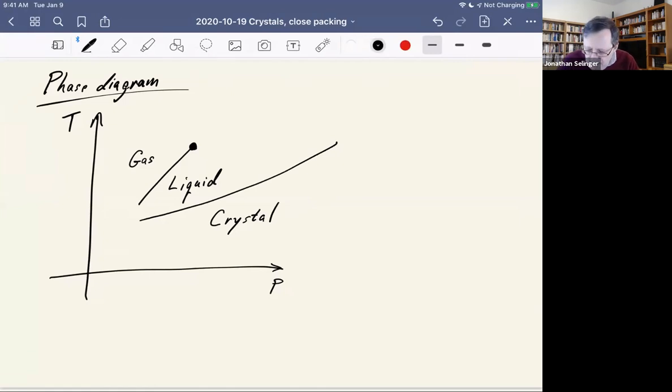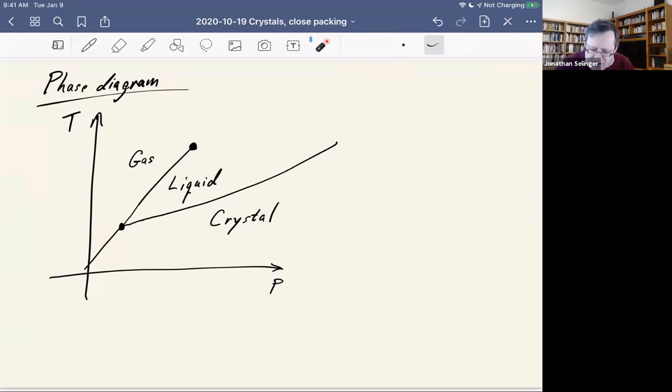You could get from liquid to crystal normally by reducing temperature or by increasing pressure. Typically these two boundaries come together at a single point, and beyond that there is a direct transition from gas to crystal, or crystal to gas.